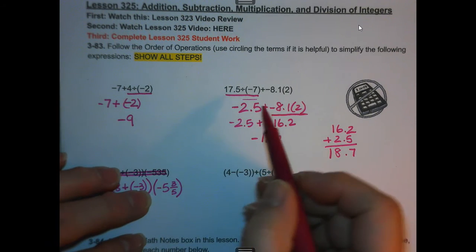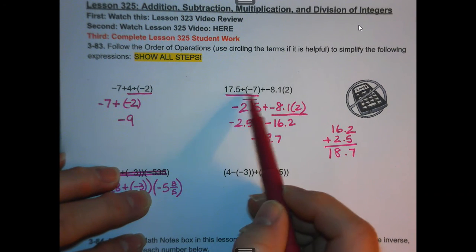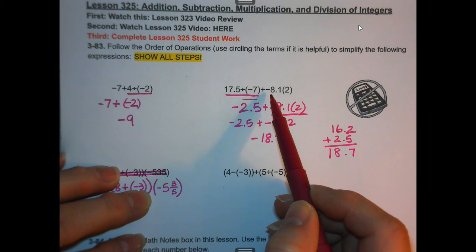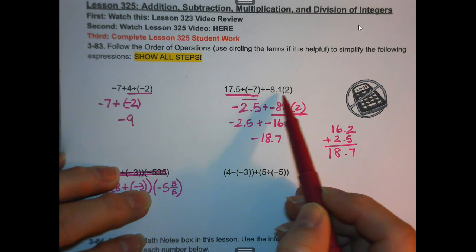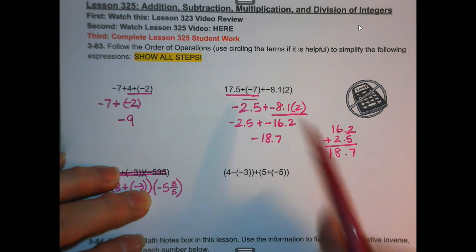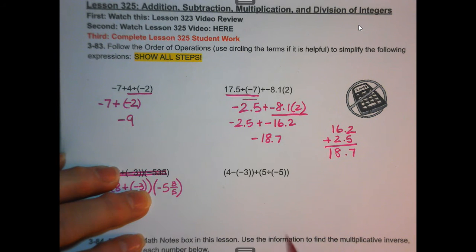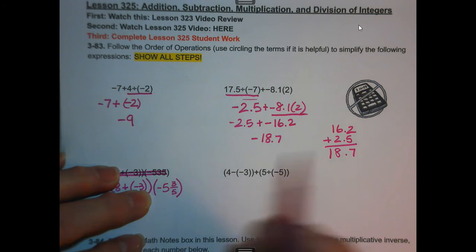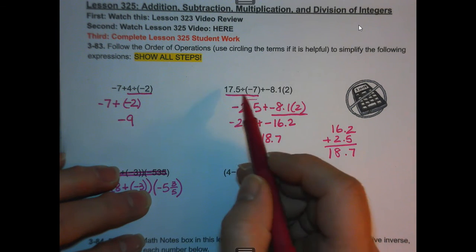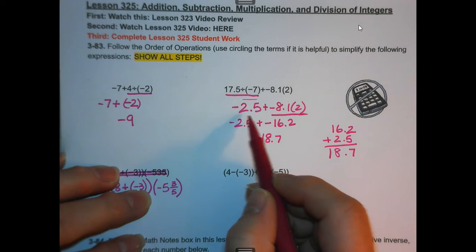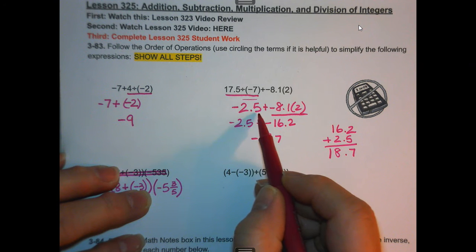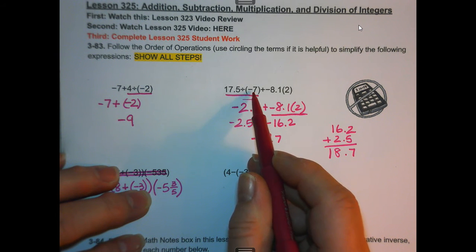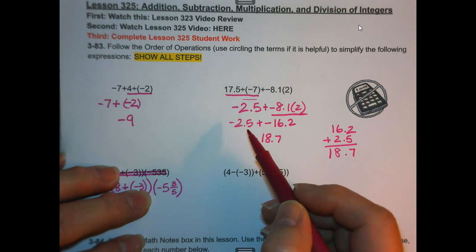When I moved over to this problem, there was a division problem at the beginning, and there was a multiplication problem at the end, and then we were going to combine the two solutions to get a final total. So this problem here, when I did the division, I got -2.5, because one of the numbers that I'm working with is a negative and the other is positive.